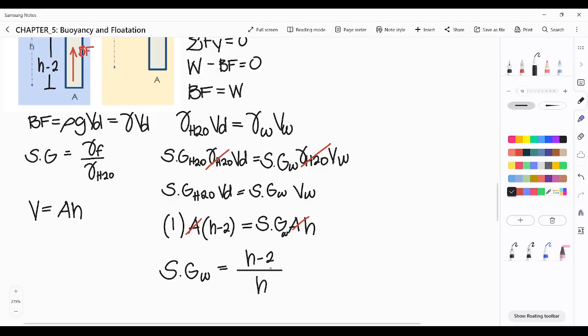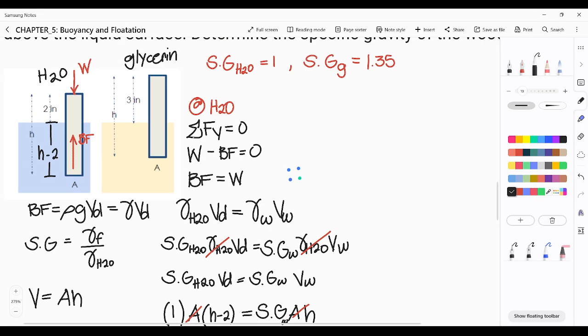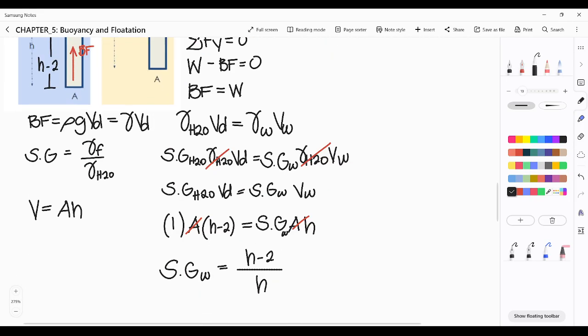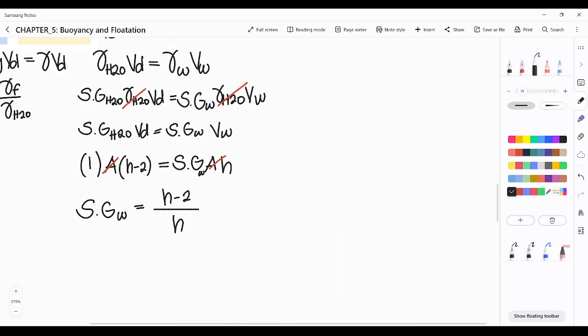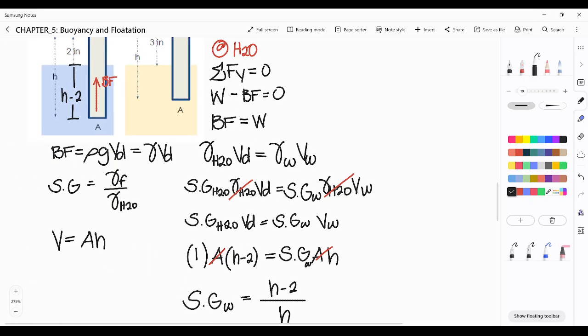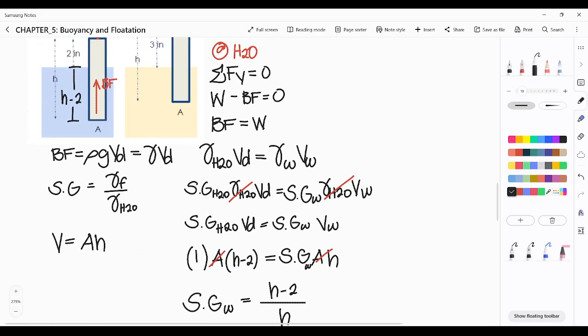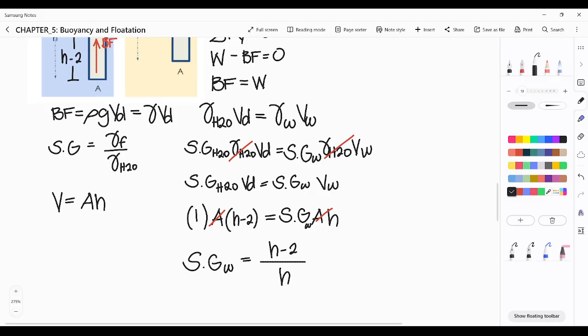That's the specific gravity of wood. But we don't have a value for h. So, we will use the other scenario para makakuha tayo ng another Sg of wood in terms of this scenario. And then, we will just equate it to get the value of h and then to get the value of our specific gravity. Again, I made a mistake earlier. Dapat ito ay Sg of the wood times the specific weight of water.